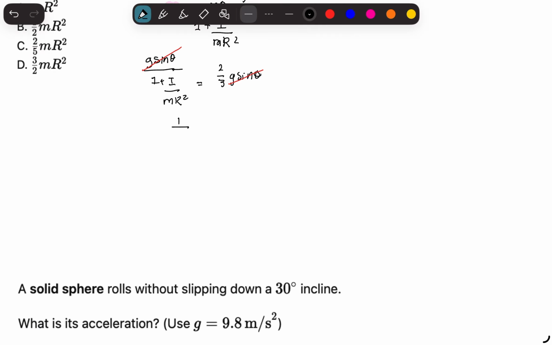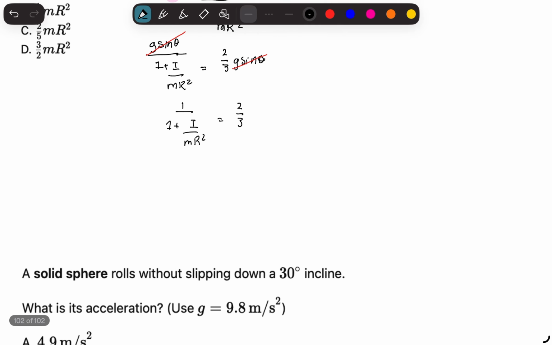You're going to be left with 1 over 1 plus I over mr squared equal to 2/3. Now you solve this algebraically. We can take the reciprocal of both sides. So this will turn into 1 plus I over mr squared is equal to 3/2.